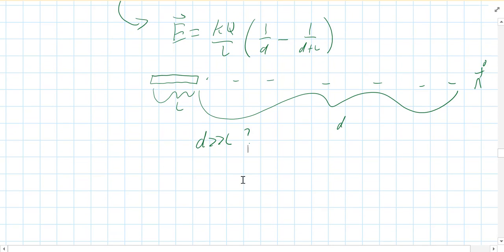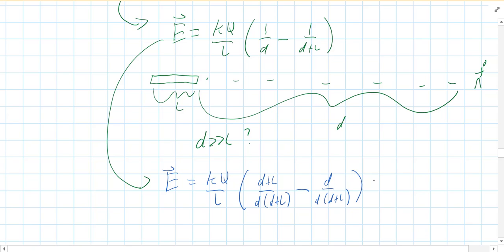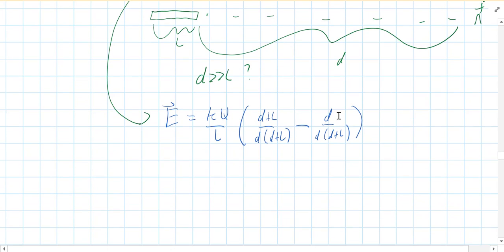Let's try that out. Let's take this equation and imagine that D is much, much bigger than L and see what we get. We're going to do a little bit of math here. We have KQ over L. For the fractions here, I'm going to get common denominators. The common denominator is D times D plus L. The first term becomes D plus L over D times D plus L, and the second term becomes D over D times D plus L. If you subtract those, the D here and here subtract and get 0, you still have an L there though.